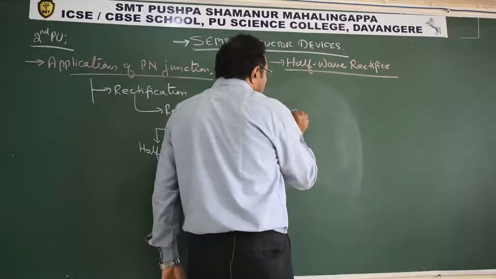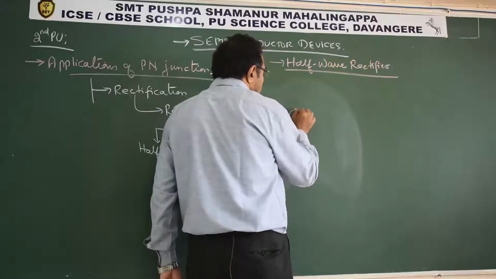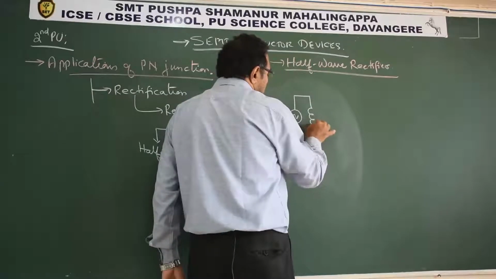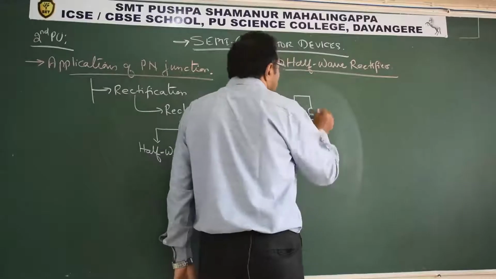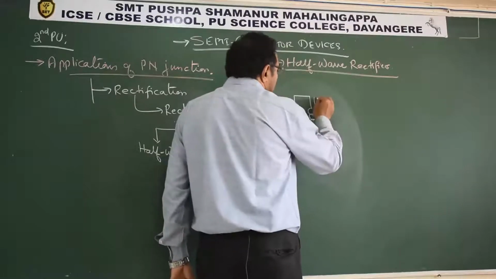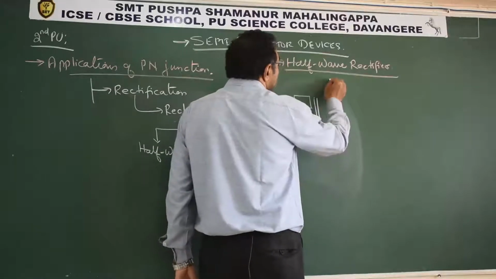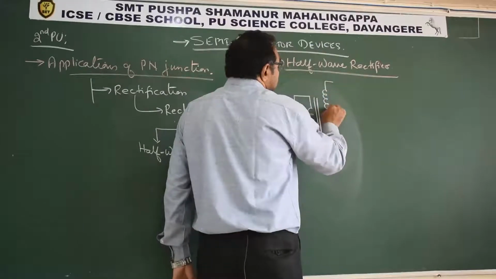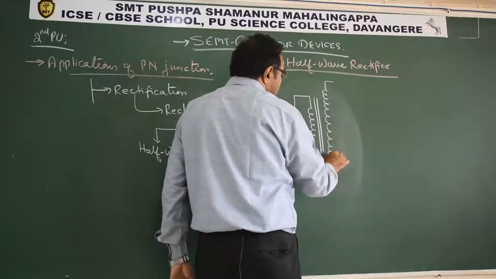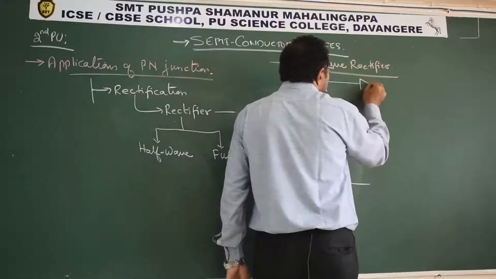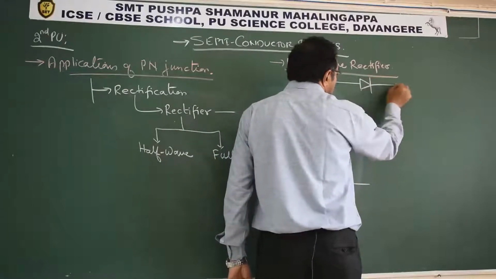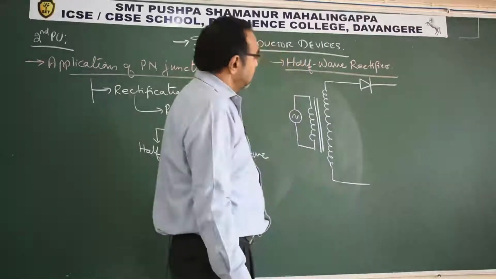See, this is AC, and if you can make out what exactly this symbol is for, I would appreciate your memory. So what exactly is this symbol for? Not this one, I'm talking of this.